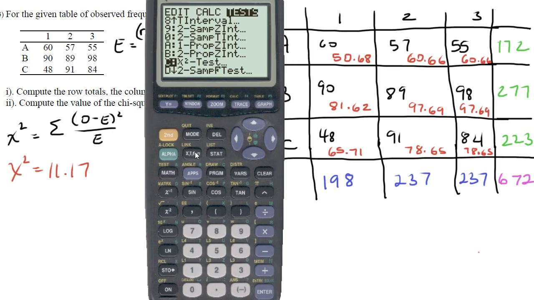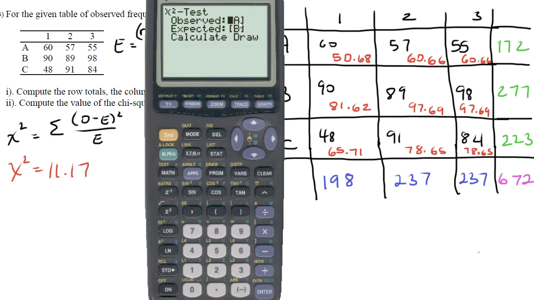So I input the values in the matrix, go over to chi-squared test. The observed values are in A. The expected values, the calculator will calculate that. I'm not putting those in. Hit calculate. There's our chi-squared, 11.17.